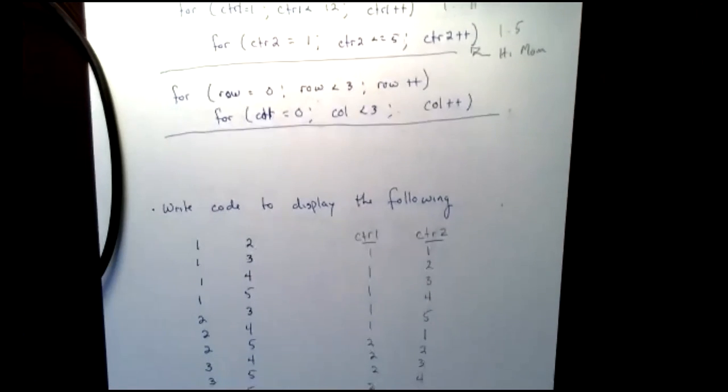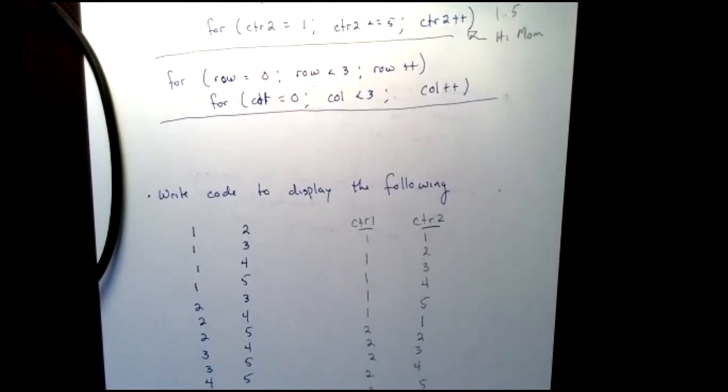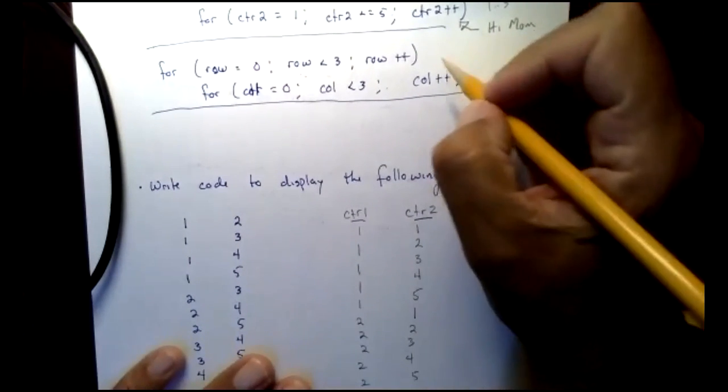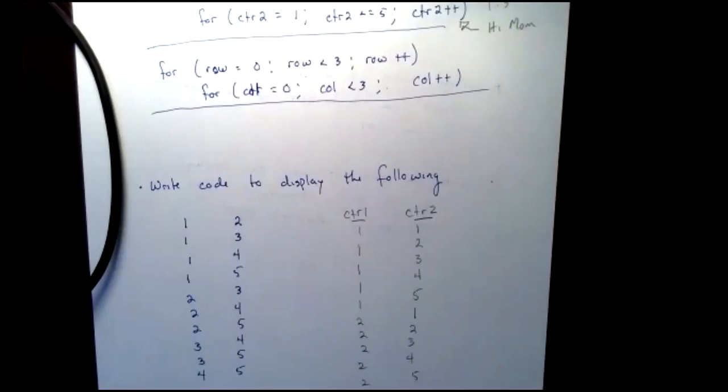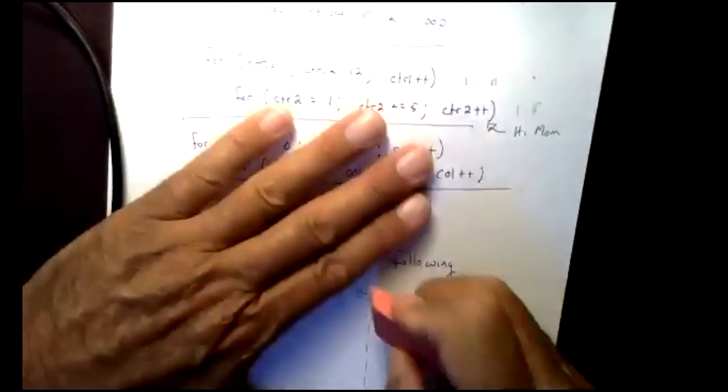Okay, so the next example I have written here is for row equals 0, row is less than 3, row plus plus. Then I have for column equals 0, column is less than 3, column plus plus. And if I think about it, let me erase something real quick.